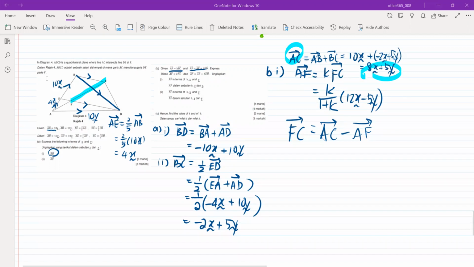Okay, your friend gives FC equals AC minus AF, because AF plus FC equals AC, okay? Then how? I understand the reason, but the thing is, I want to find AF. How do I find AF? So AC, AF, so why do you make it like this then? So difficult.